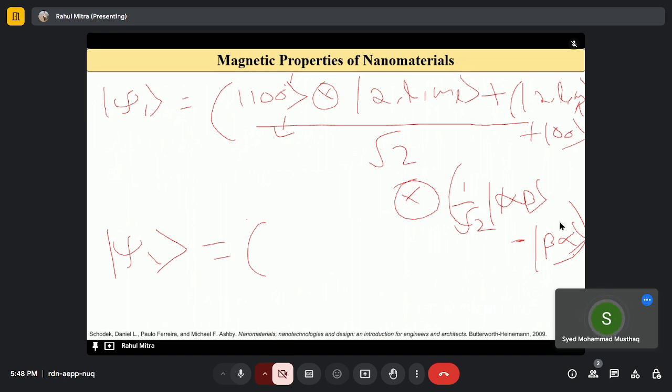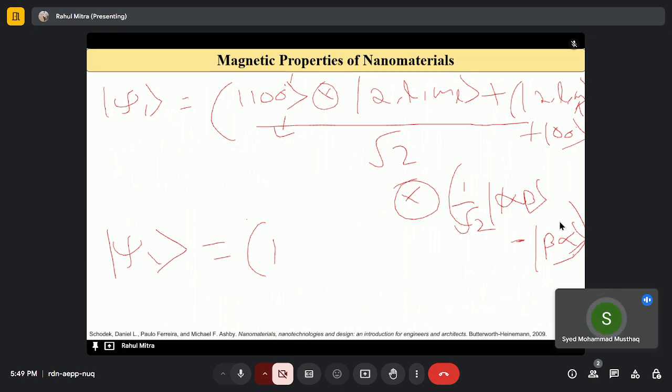So, for electrons, either we can have a symmetric wave function with asymmetric spin states, right? With plus half and minus half. Or the wave function can be an asymmetric spatial distribution wave function and a symmetric spin distribution. So those are the two cases.